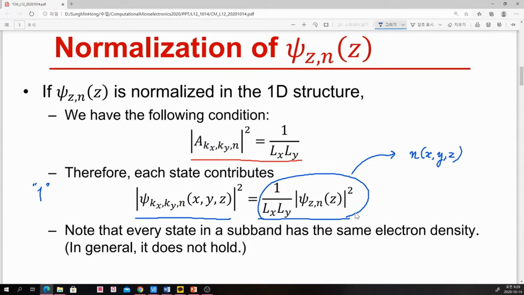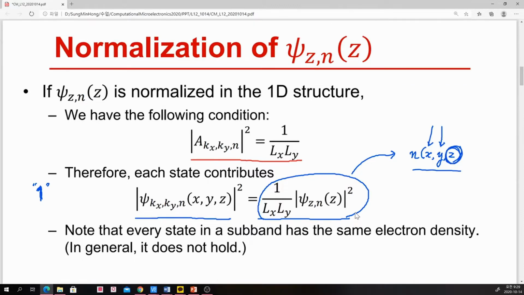Here you can see that there is no dependence on x and no dependence on y. This is dependent only on the z direction. But say that we have two states fully occupied, then we will have just twice the electron density.